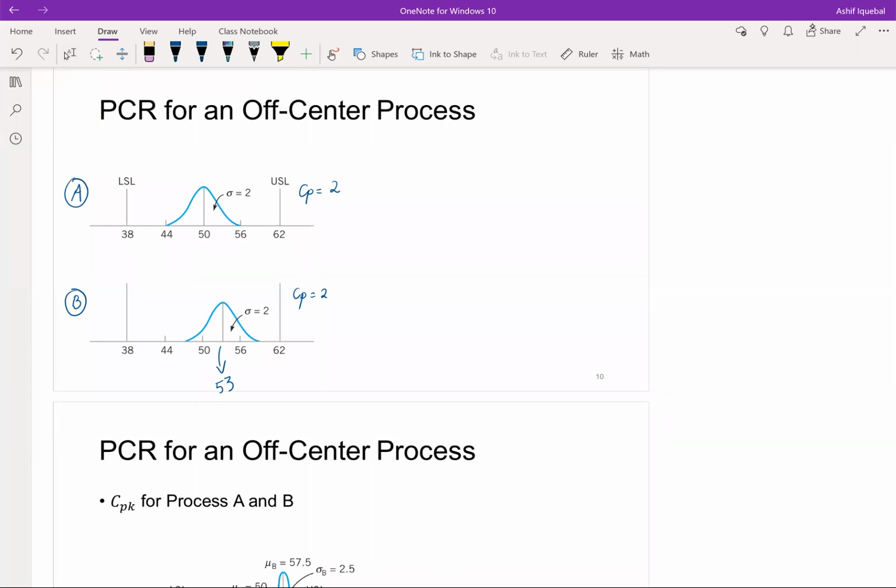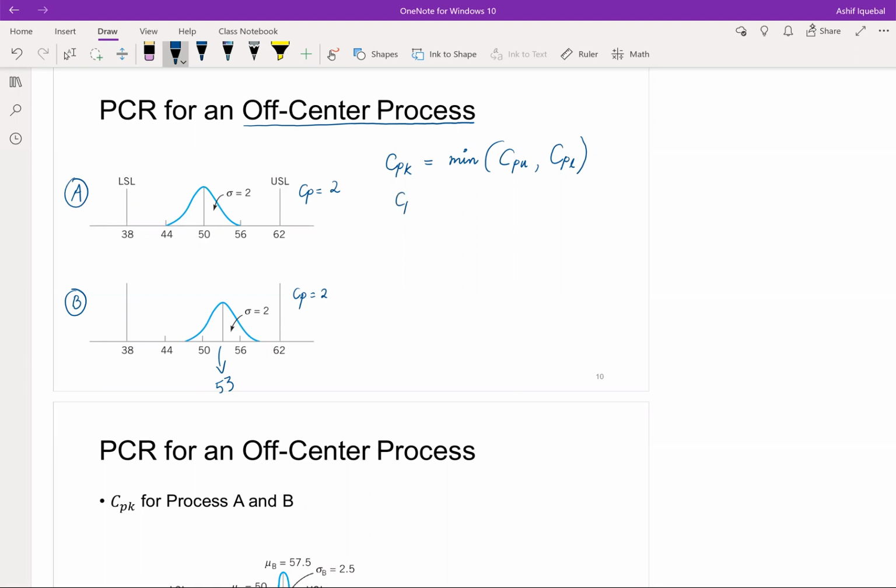So if there is an off-centered process, we use something called Cpk, okay? And Cpk is equal to the minimum of Cpu, which is using the upper specification limit, comma, Cpl, which is using the lower specification limit. So let's use this formula and now calculate the value of process capability.